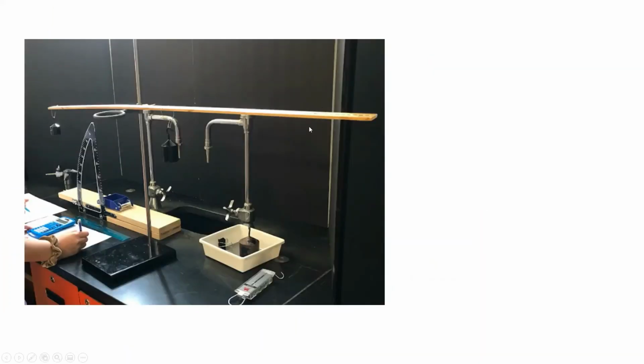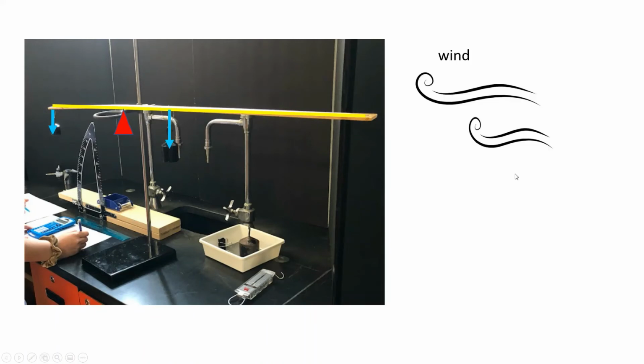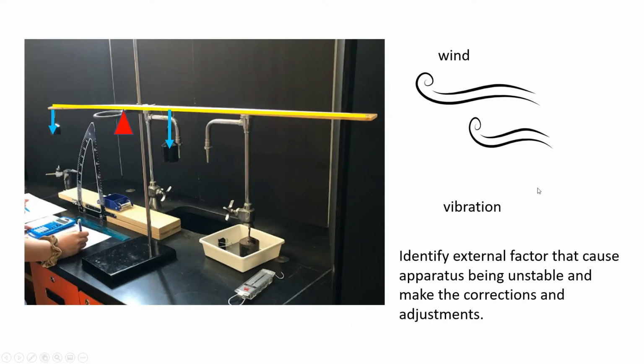For example, this is a lever in equilibrium, suspended over this ring. This is the fulcrum. So I have a force down here, a weight force, and another here. One solution would be to identify the source of the airflow and close a window.